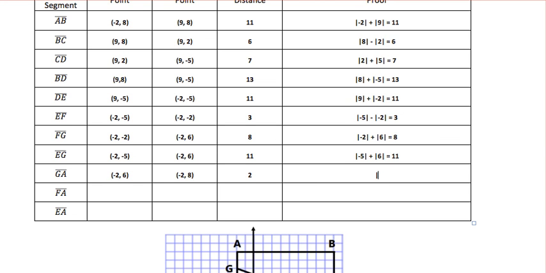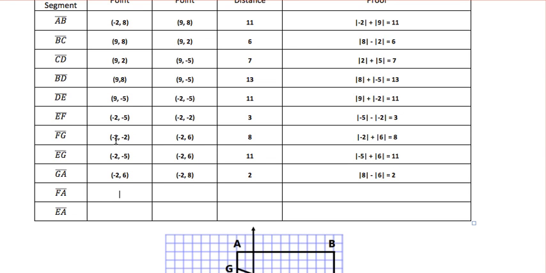Oh, actually, we have to take the larger number here. We're going to have to subtract the smaller number from the larger number. So the absolute value of 8 minus the absolute value of 6 equals 2. So they're 2 units away from each other.